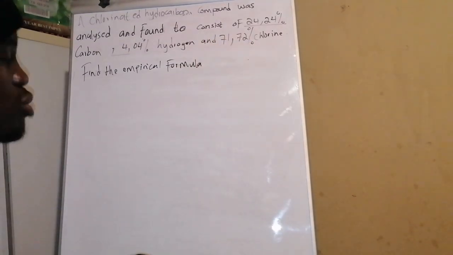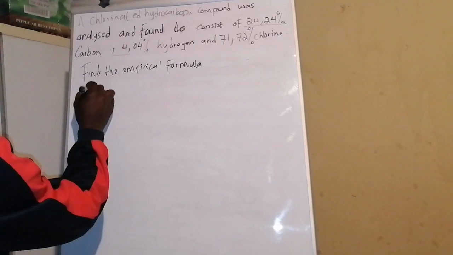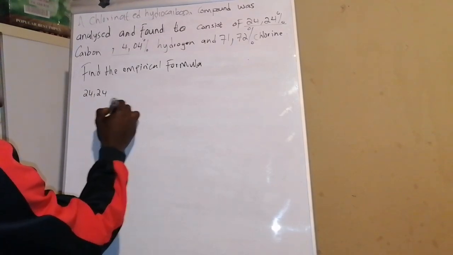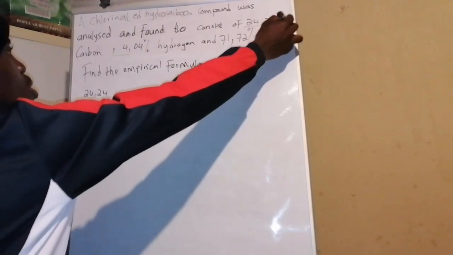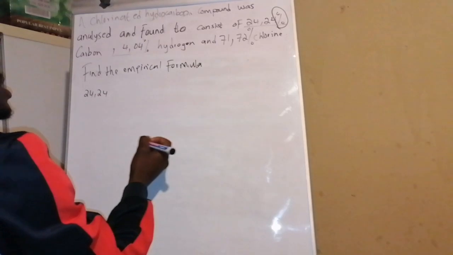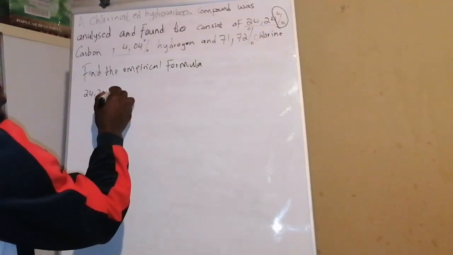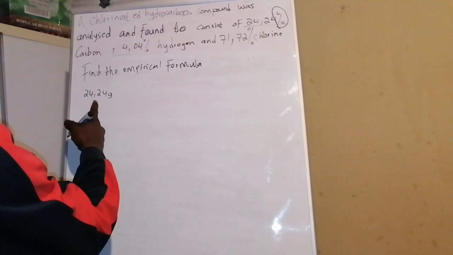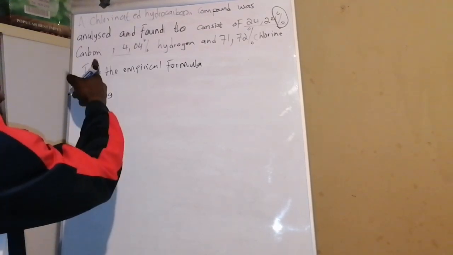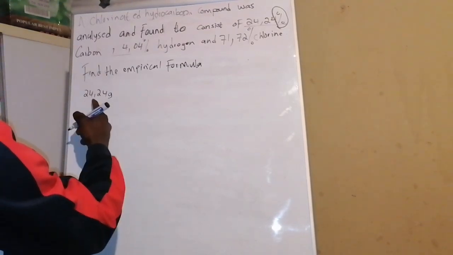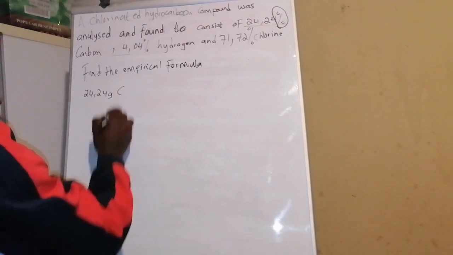The first thing you must know, you write 24.24, and since it is symbolized by the percentage symbol, you replace that percentage symbol by putting gram. So 24.24% carbon is now 24.24 grams carbon.